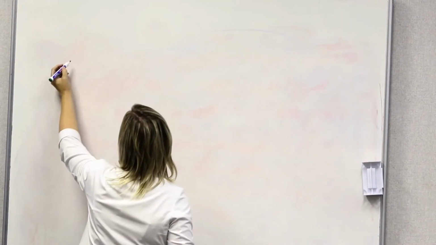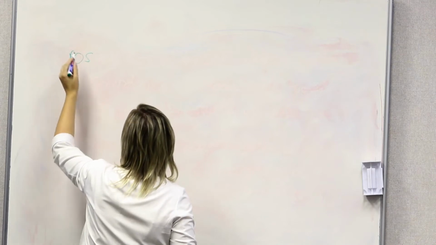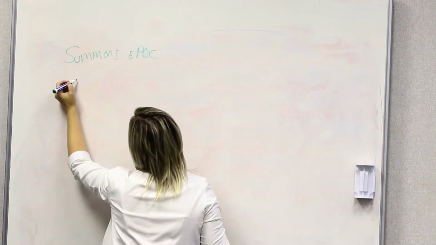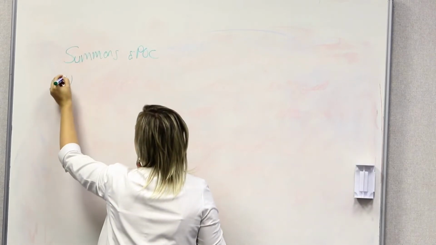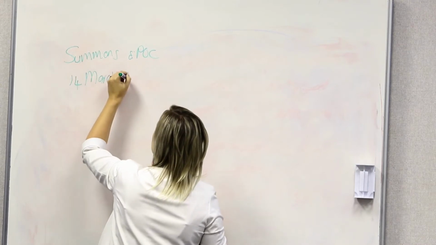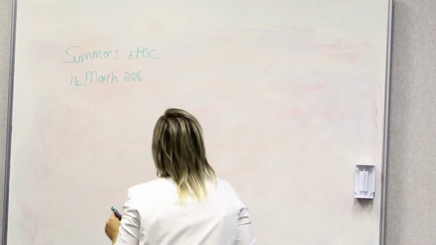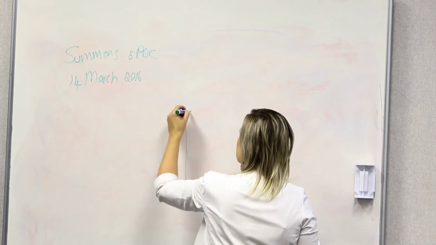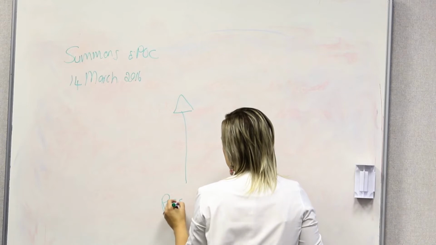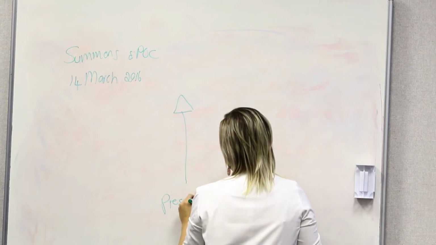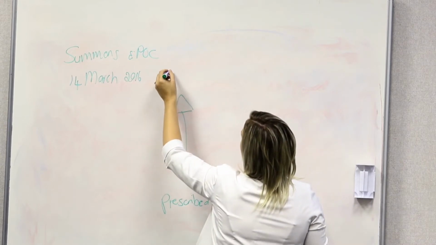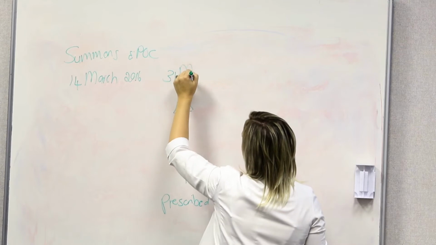So let's say the particulars of claim and the summons was filed on 14 March 2016. The claim became prescribed if that wasn't filed. Claim would have become prescribed on 31 May.